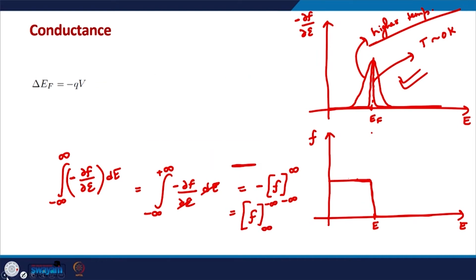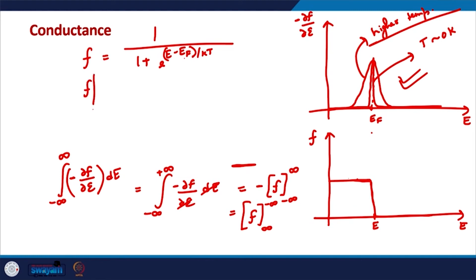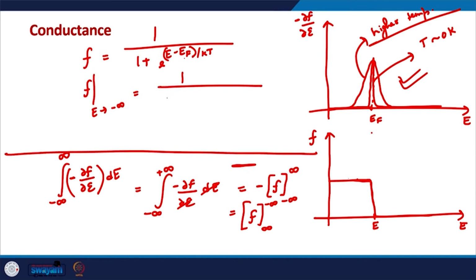Now, the Fermi function mathematically is 1 divided by 1 plus exponential of E minus EF by KT. And if we assume that EF and T are constant for a given system, then F at E tending to minus infinity will be 1 divided by 1 plus e to the power minus infinity.